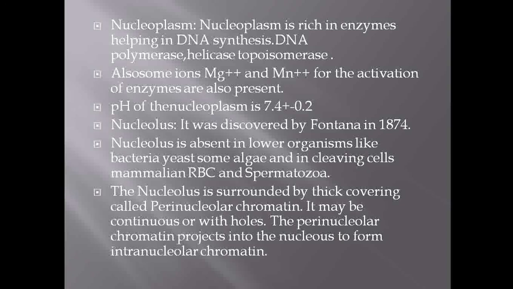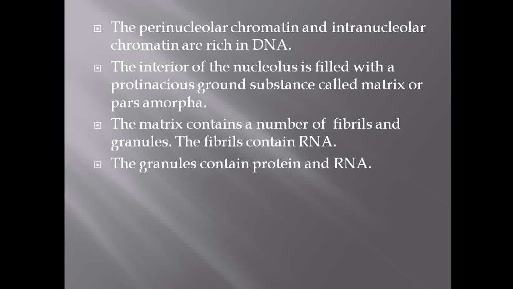The perinucleolar chromatin projects into the nucleolus to form intranucleolar chromatin. Intranucleolar chromatin is nothing but projections of the perinucleolar chromatin inside the nucleolus. The perinucleolar chromatin and intranucleolar chromatin are rich in DNA.